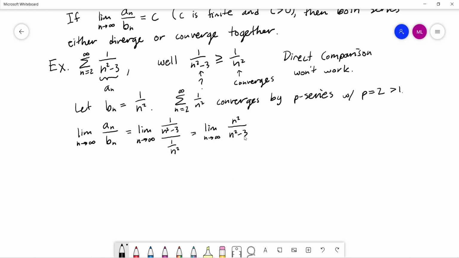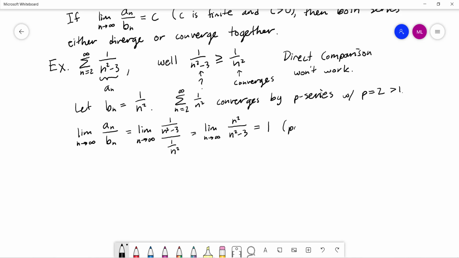For large values of n, this minus 3 is totally inconsequential. And I can see that looking at the power on top and the power on bottom, they're the same. I have an n squared on top and an n squared on bottom. So all we need to do is look at the highest powers of n and compare them. In this case, the two highest powers of n are both n squared, and this limit is going to be equal to 1. So it's a constant that's positive and finite.